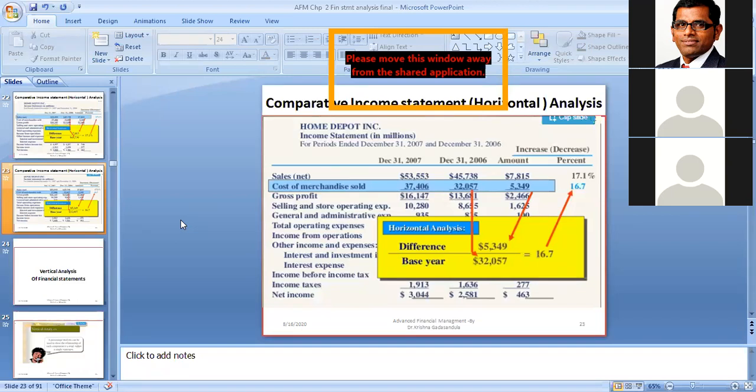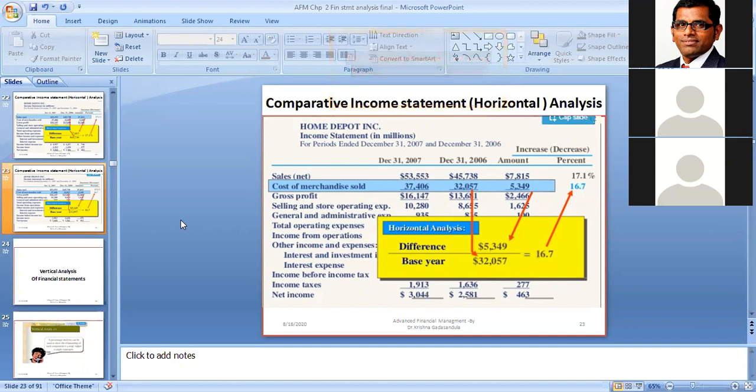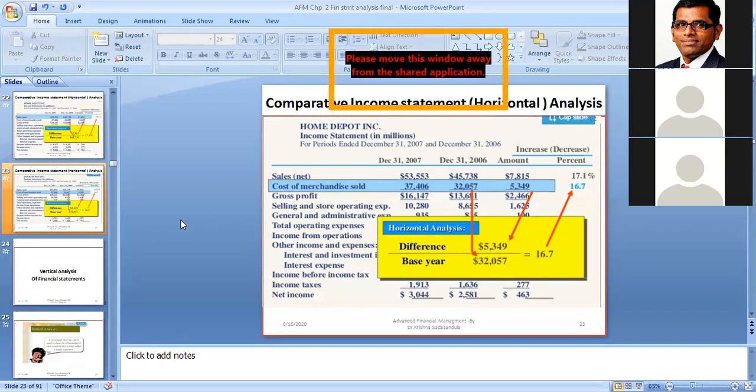Okay. Thank you. Right. For the cost of merchandise sold, we cannot always take competitors, otherwise you can. I think you can take commercial banks. Any company leading with the same product, you can take two companies and compare them with horizontal analysis.